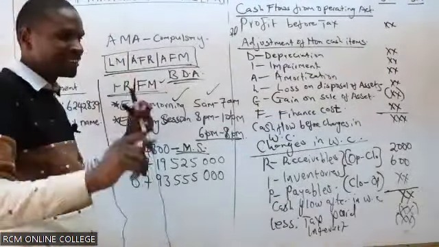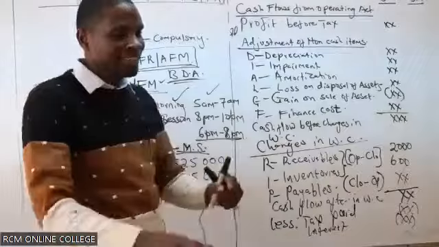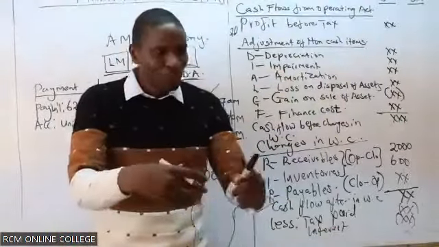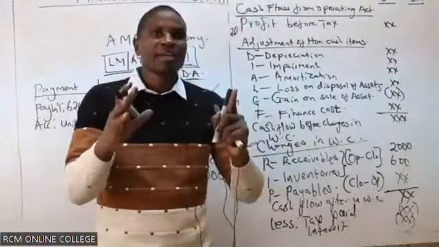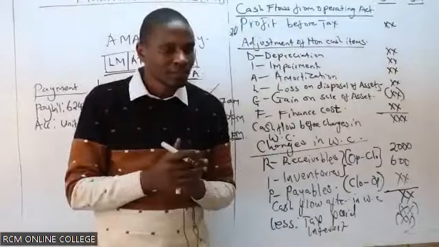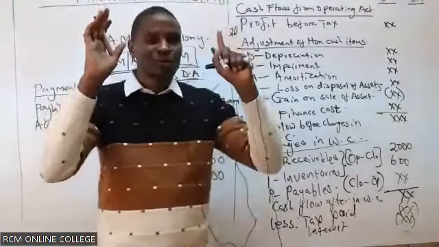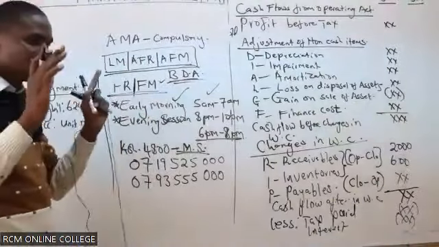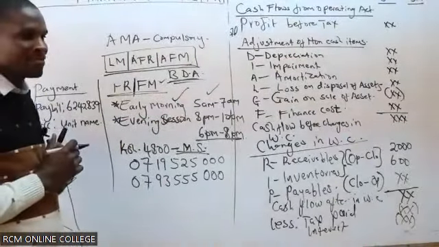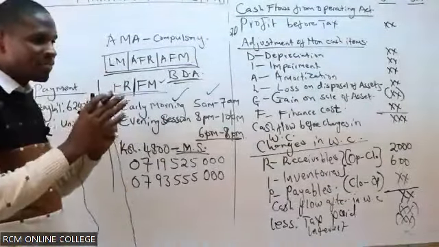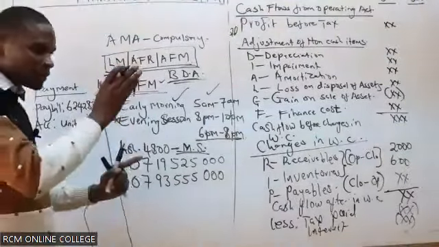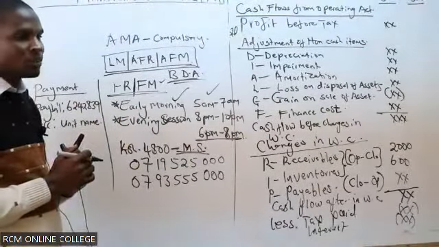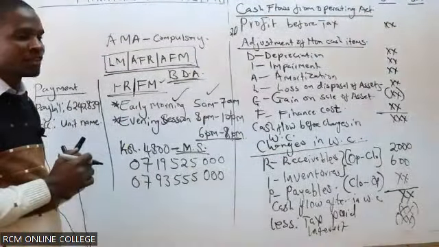Are we together? Even those of you in intermediate level, know that AMA is now compulsory. Those are good news. Are you getting the good news now? AMA. When you go to advanced level from intermediate, you get it there. And it is a good thing.